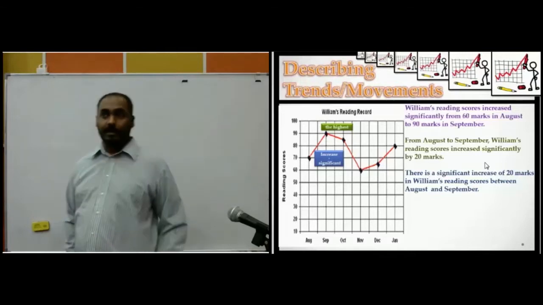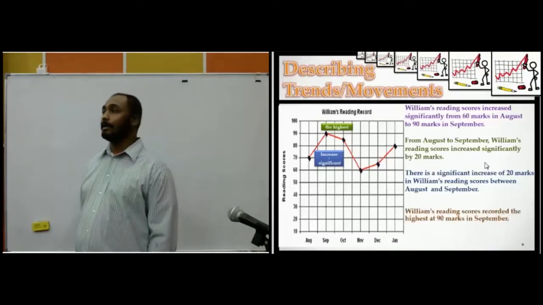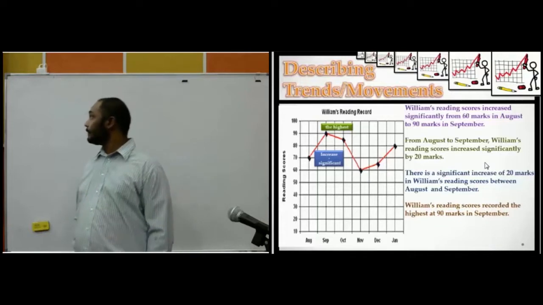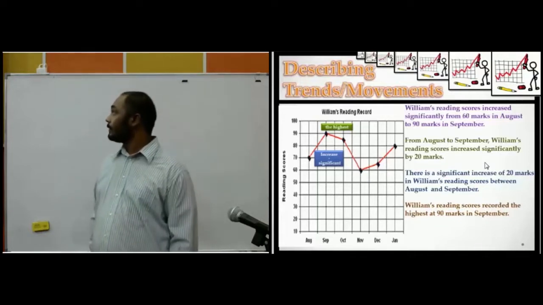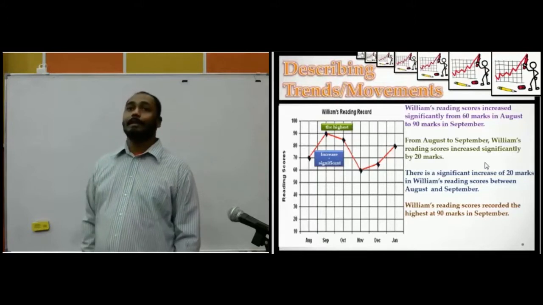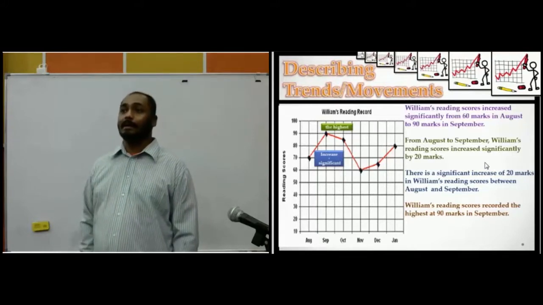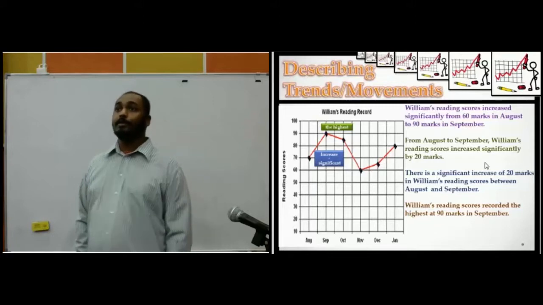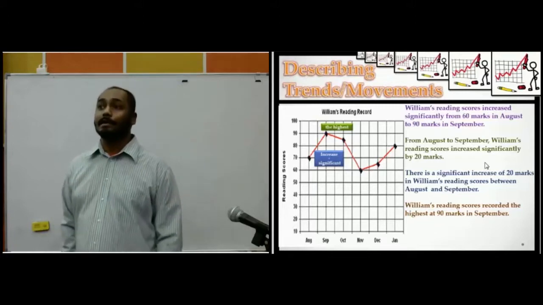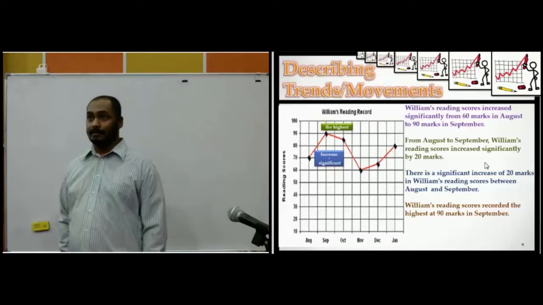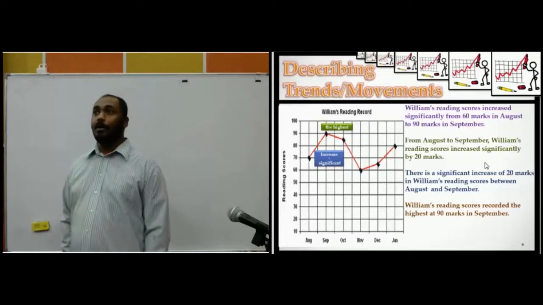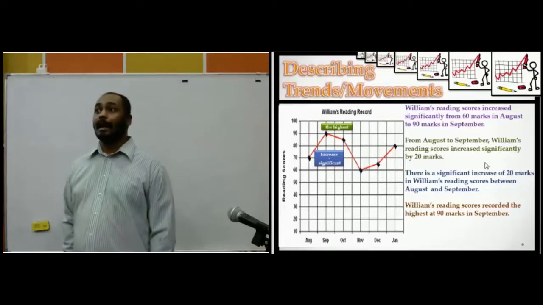You can also write your sentence like this. Nabil: William's reading scores recorded the highest at 90 marks in September. This is the description of a pattern, the highest score. So you can say recorded the highest, or reached the highest.